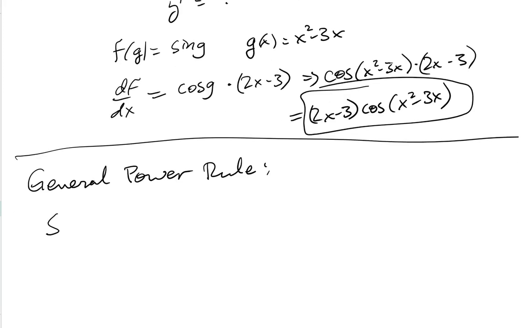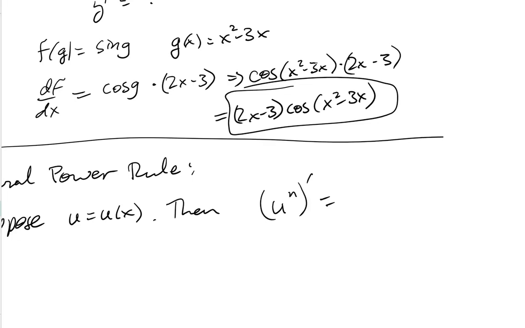Suppose u is a function of x, then if you have u to the n power and you want to take the derivative of that, it's n times u to the n minus 1, times u prime of x, like that.